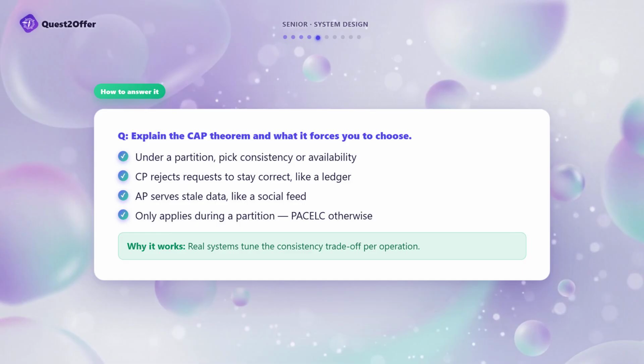You pick one. A CP system rejects requests to stay correct, like a bank ledger. An AP system keeps serving and accepts slightly stale data, like a social feed. Critically, this only applies during a partition. Even without one, you still trade consistency against latency. That's PACELC. Real systems tune it per operation.